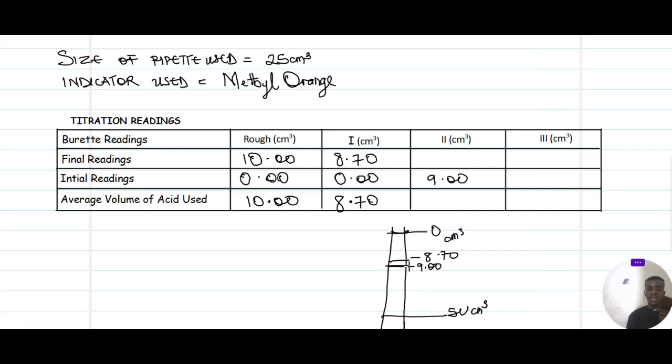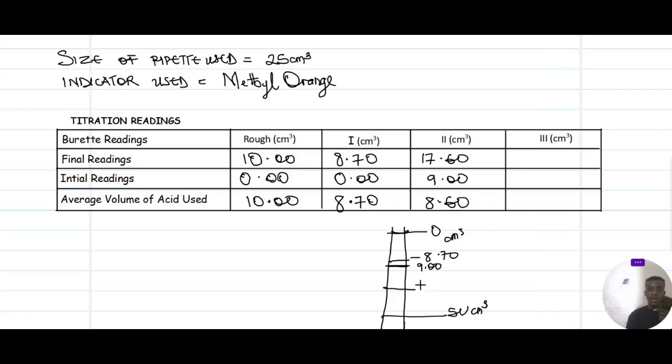You can start as your initial here, instead of filling back to 0. If you do that, you should be arriving at 17.60. Then when you subtract 17.60 minus 9.00, you should have 8.60.